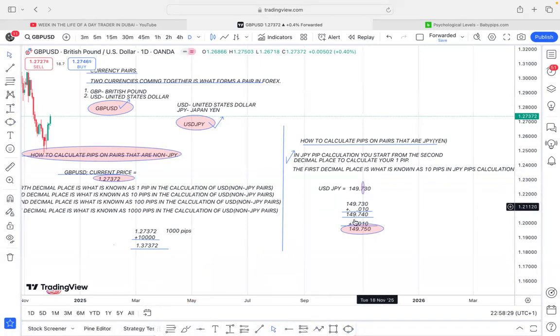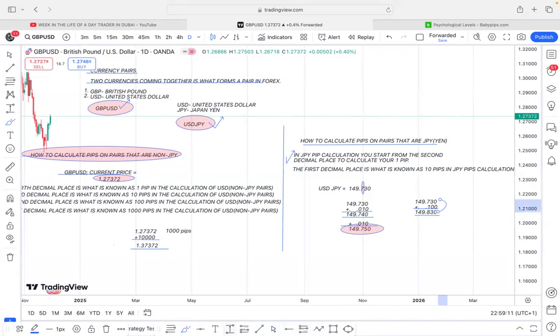So if you're going to do a calculation on how to get our 10 pip move from there, we're going to have 149.730 plus 100. You're going to know, okay, we're going to have 149.800. Now I believe you all learned how to calculate maths in school. So you see that now. Our new price, from our current price being this, is going to be this now.